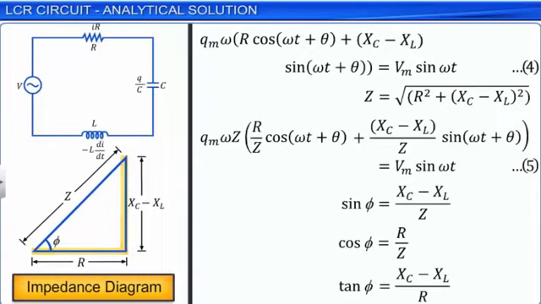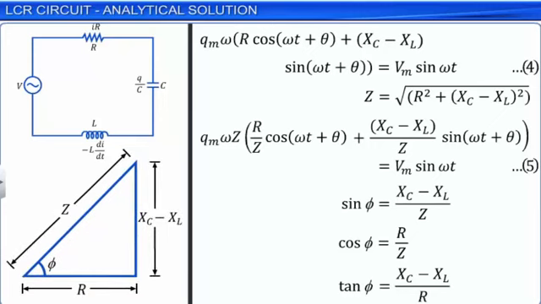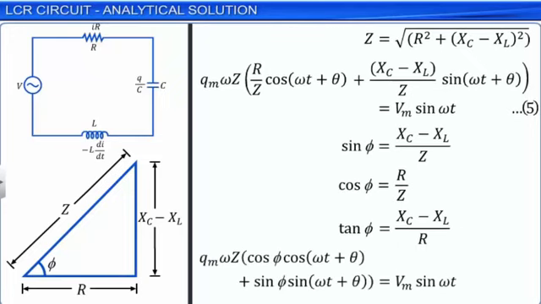Substituting the values of cos phi and sin phi in equation 5, we get Qm omega Z [cos phi cos(omega t plus theta) plus sin phi sin(omega t plus theta)] equal to Vm sin omega t. This can now be written as Qm omega Z cos(omega t plus theta minus phi) equal to Vm sin omega t. Let this be equation 6.